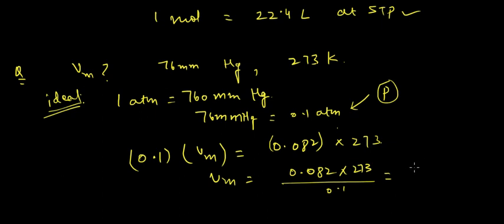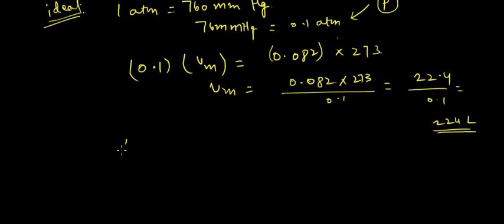This is 22.4 and this is 0.1, so it will be 224 liter. So the molar volume would be 224 liter per mole.